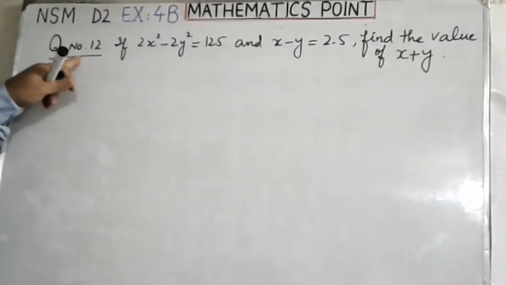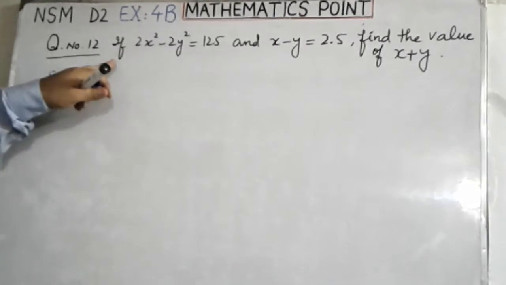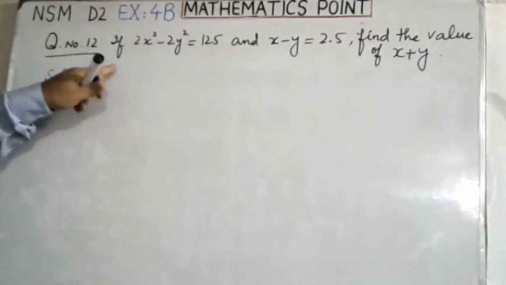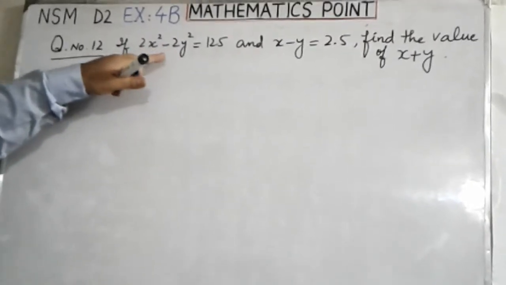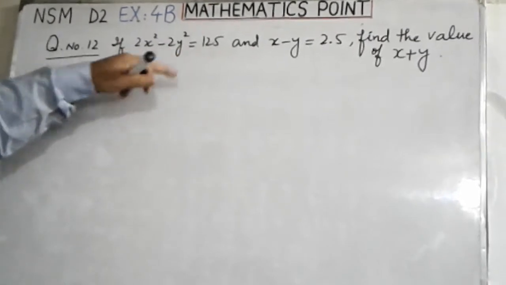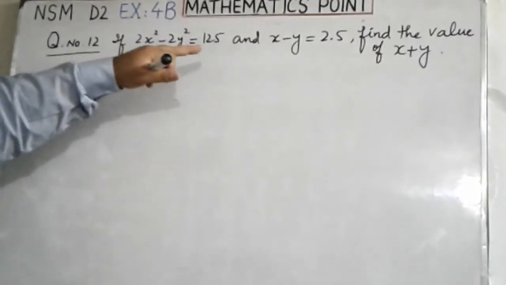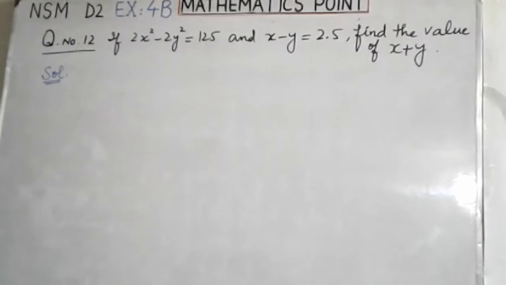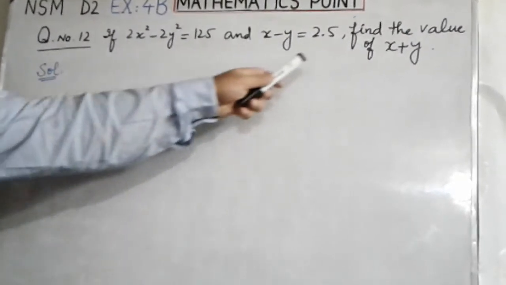Now in question number 12, the statement is: if 2x square minus 2y square is equal to 125 and x minus y is equal to 2.5, find the value of x plus y.